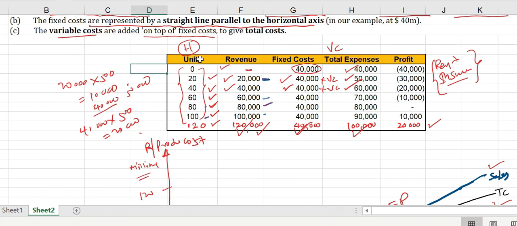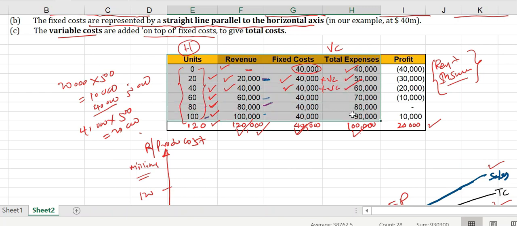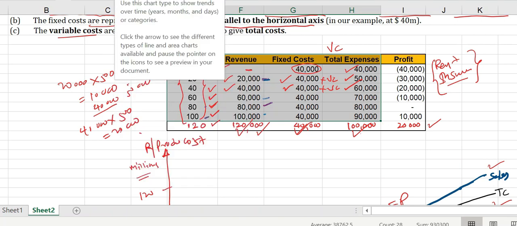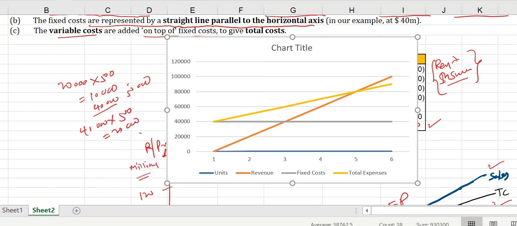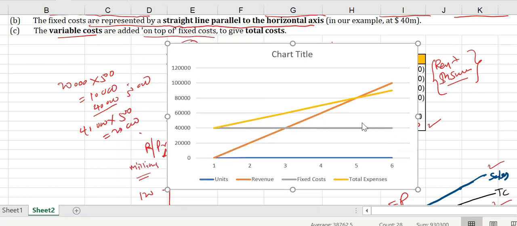If you want to identify break-even point by using Excel charts, what you need to do is highlight this area, the units, the total revenue, fixed cost, and total expenses. Then from the chart you need to select the line chart. So thereby we can identify the break-even point through these lines.